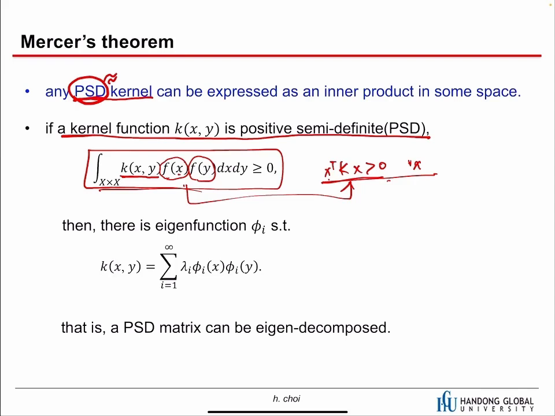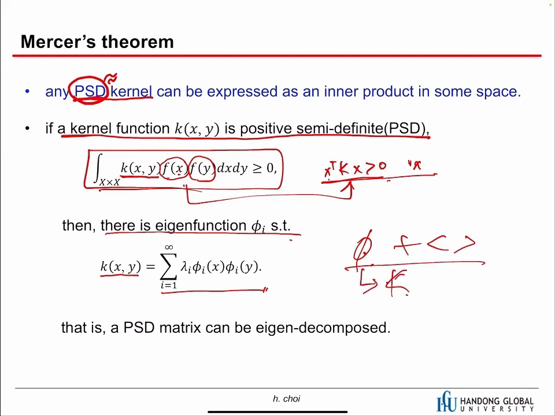Okay, then there are eigenfunctions phi of i such that this kernel is actually an inner product between two vectors in some space. Do you remember in the previous slide, if we have a nice function phi, then we can replace this function plus inner product with a kernel, right?